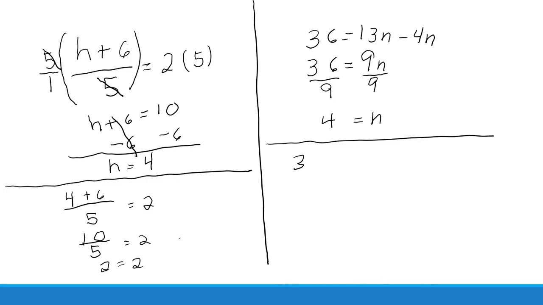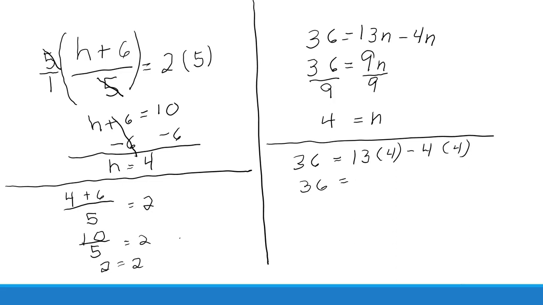We have 36 is equal to 13 times 4 minus 4 times 4. Bring down our 36.